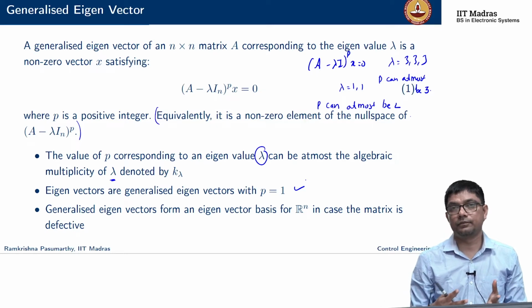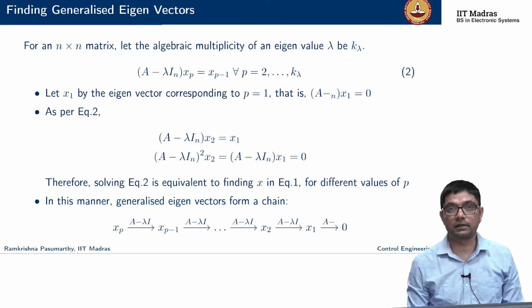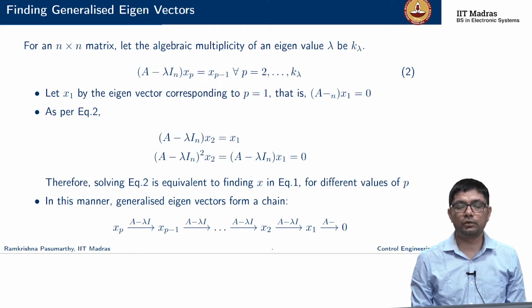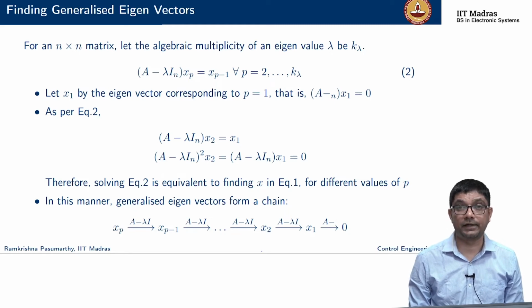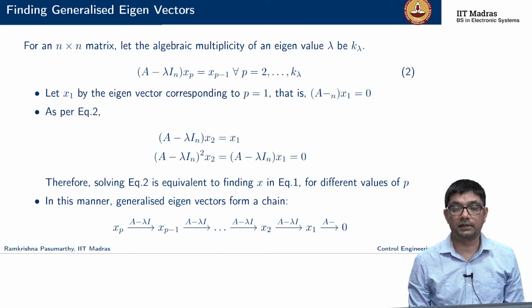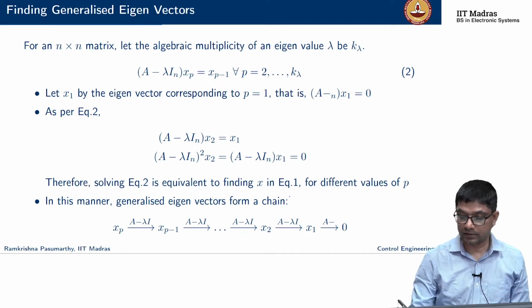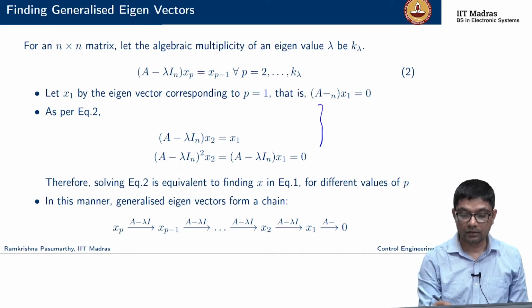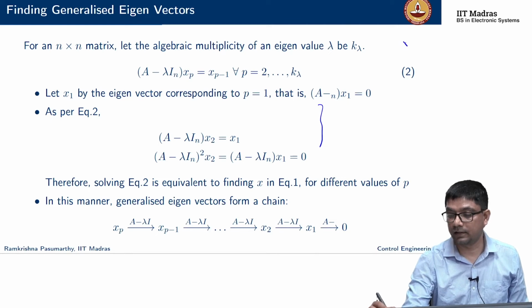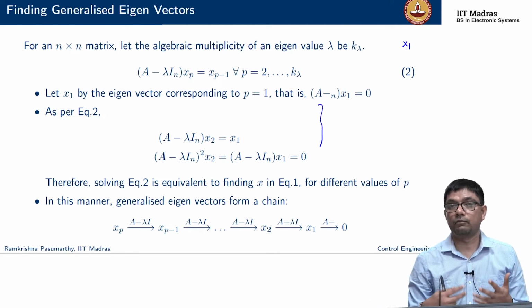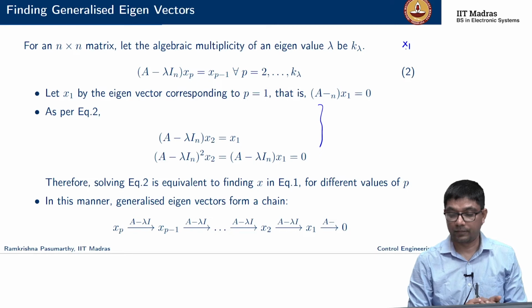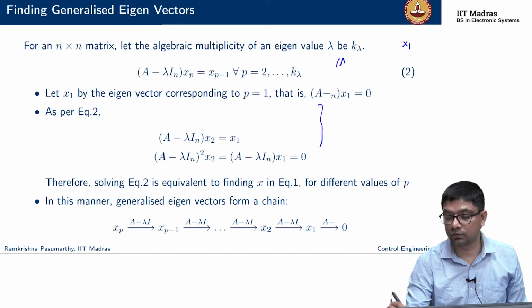Now, we will see if these generalized vectors help us in constructing something close to a diagonal for matrices which are defective, which means that the algebraic multiplicity and geometric multiplicity are not equal to each other. So, the way is I find x1, one eigenvector I can always find. How do I find the second one? I just do A minus lambda I x2 equal to x1.